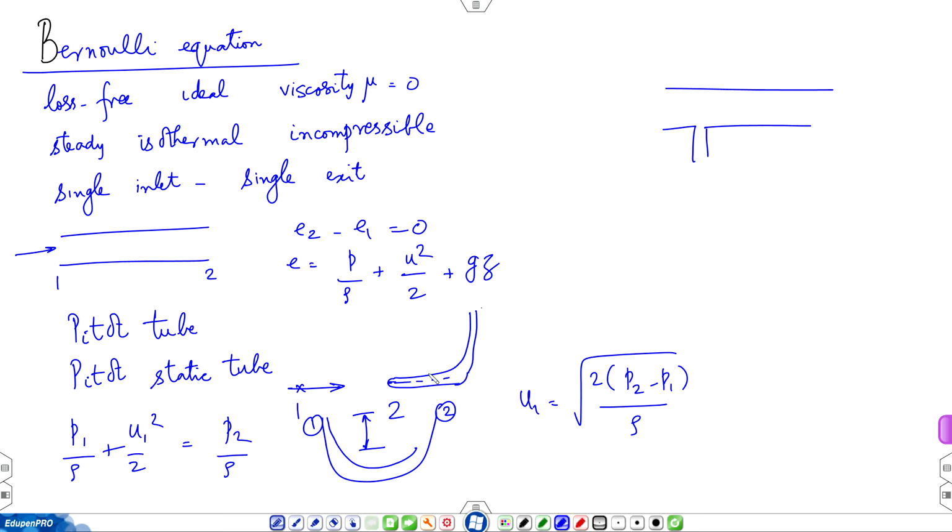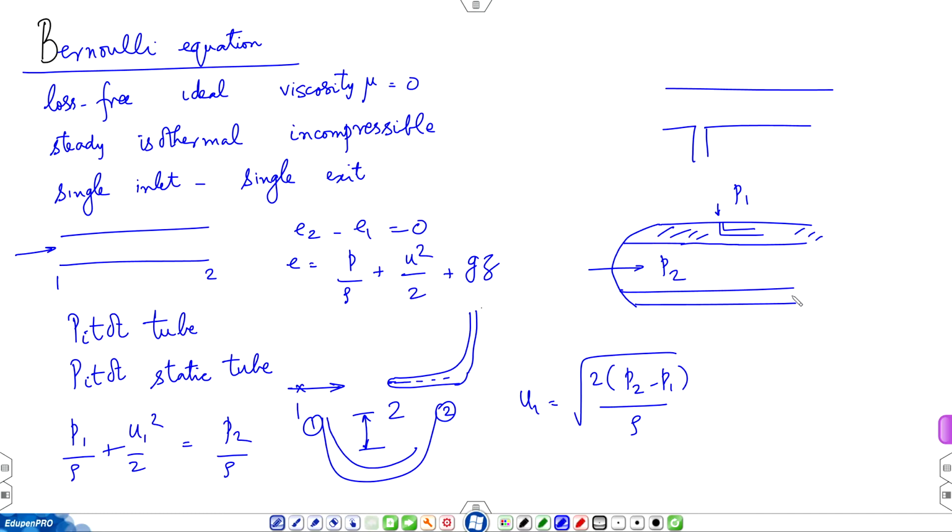a hole on the side of the tube. So, this is the wall of the tube. So, this will give you P1 and the main axis will give you P2.